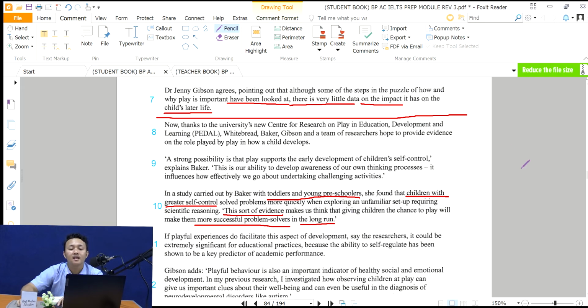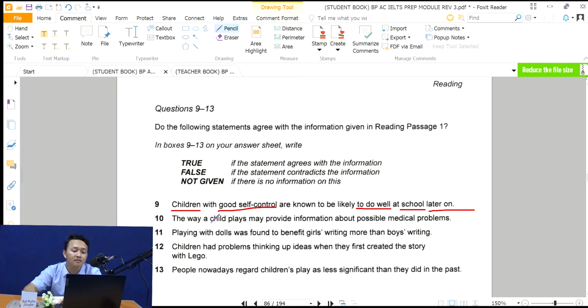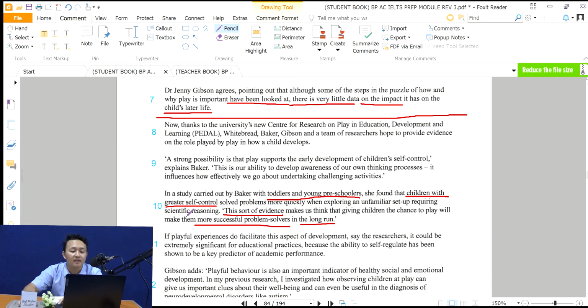Why is it true? Because the information is in the text, which is in paragraph 10, and the statement also, the information in paragraph 10, they agree with each other. So they have the same meaning, they have the same information. Even though it's not in the form of one sentence only, but more like in one paragraph, right? But the information is there in paragraph 10. So simply, the statement to number 9 is more like the information that paragraph 10 tries to deliver.